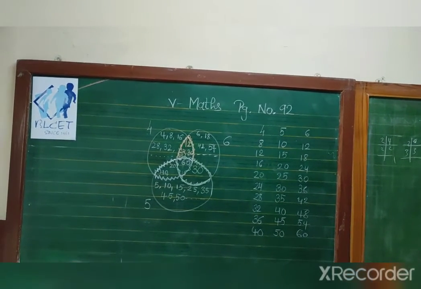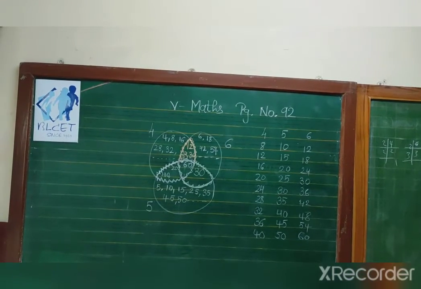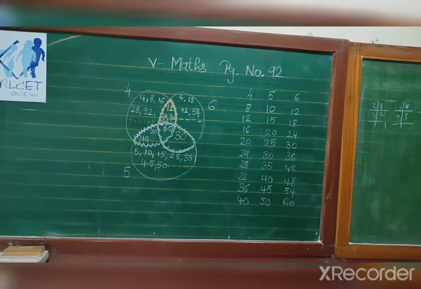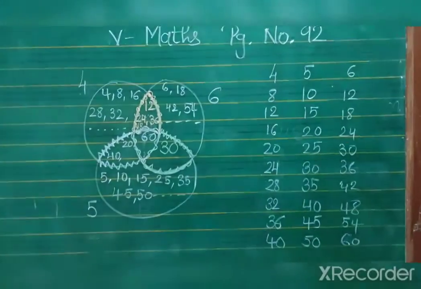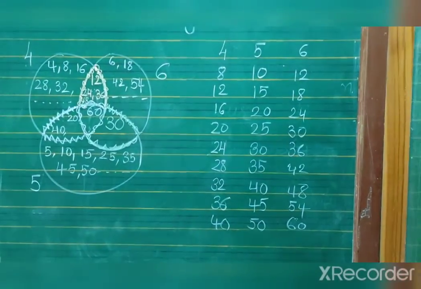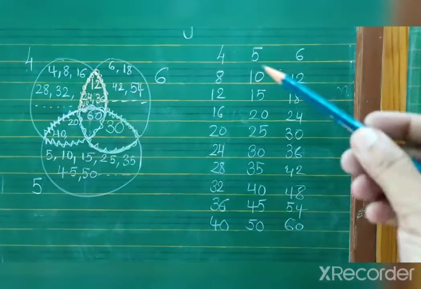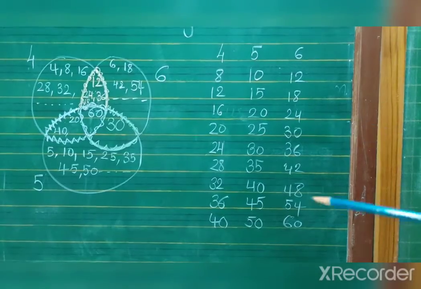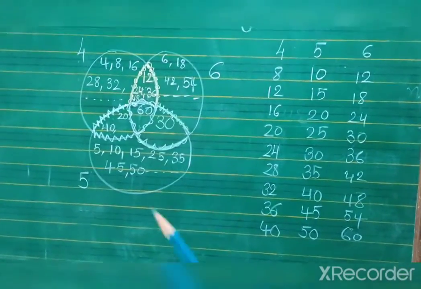And then what is the smallest common multiple of 4, 6 and 5? So see children, here I have written first the tables of 4, 5 and 6. You can see. See? 4, 5, 6. Now draw the circle.